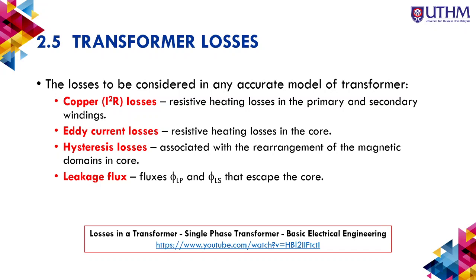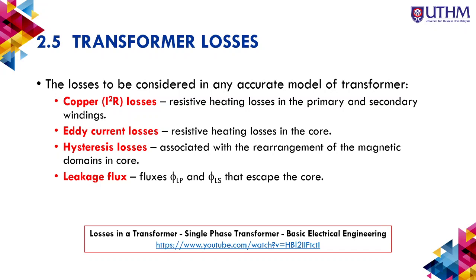So in order to generate the magnetization current equivalent circuit, we need to know the losses, because generating the equivalent circuit depends on the losses. There are 4 types of losses.